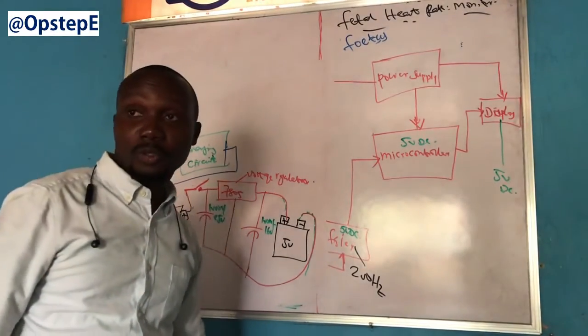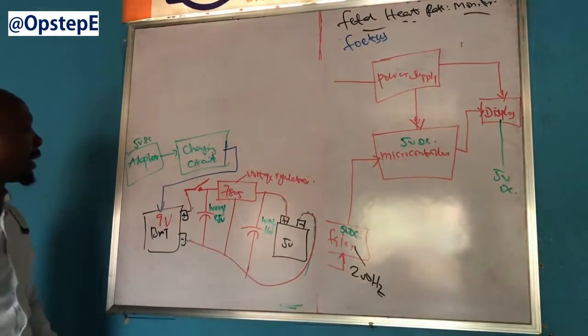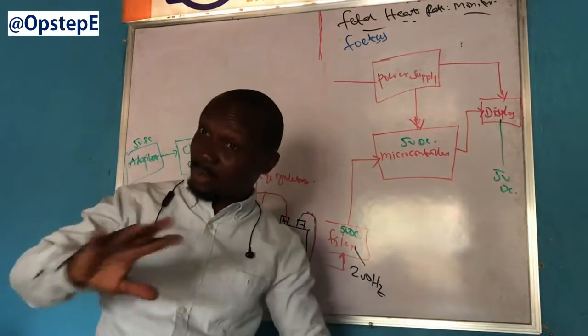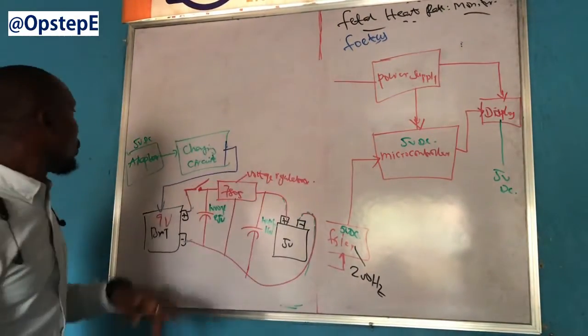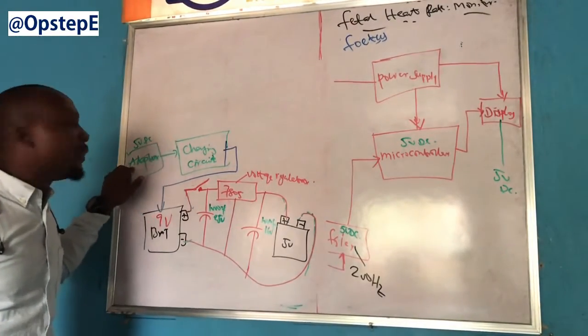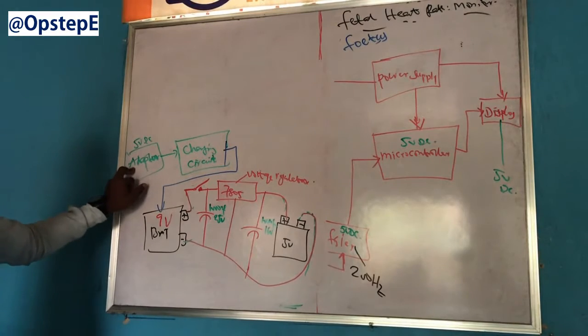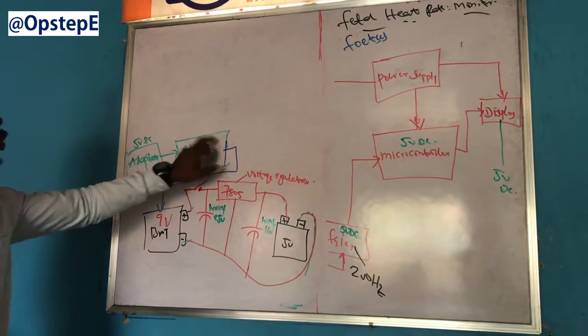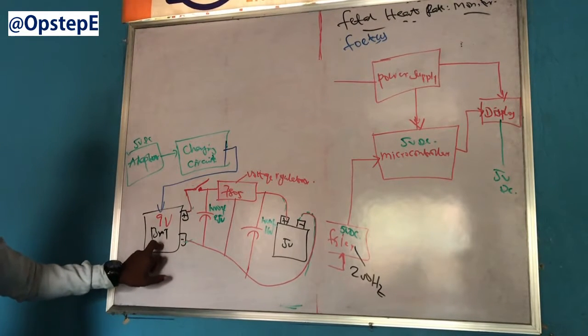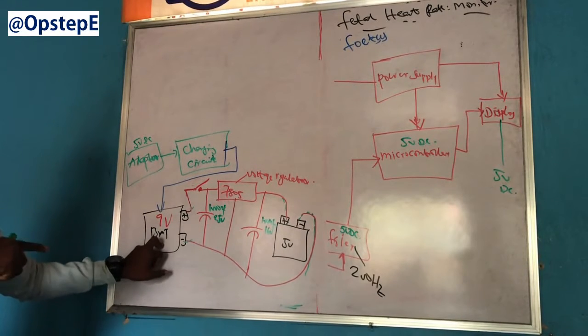You get the point? But understand that for your system to work, there are some modifications you will likely have to use. First is that this adapter will have to be more than just a 5 volt adapter. If nothing at all, it should be either a 9 volt adapter or a 12 volt adapter. That adapter is what goes into a 12 volt charging circuit that charges the battery. So the battery here could likely be 12 volt or 9 volt or above 9 volt, which will be 12 volt.